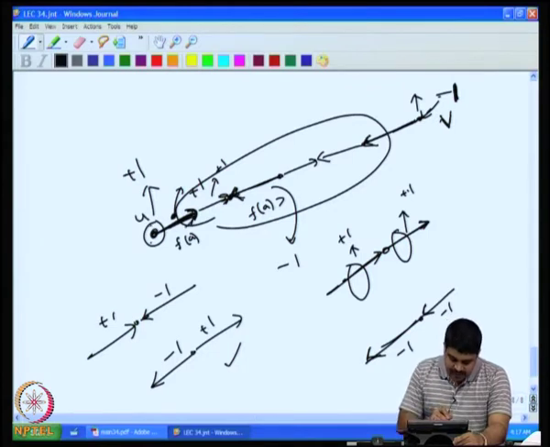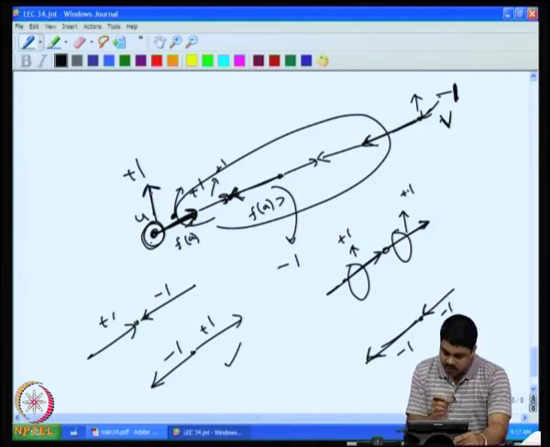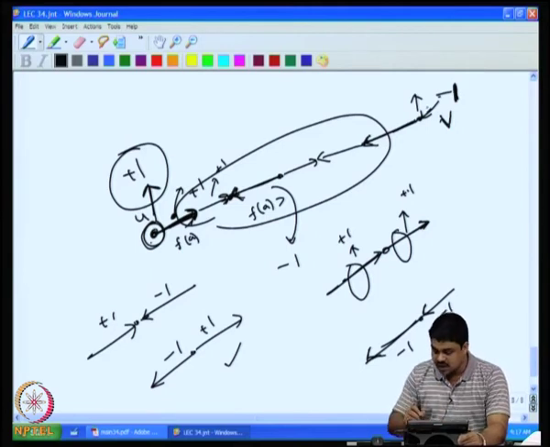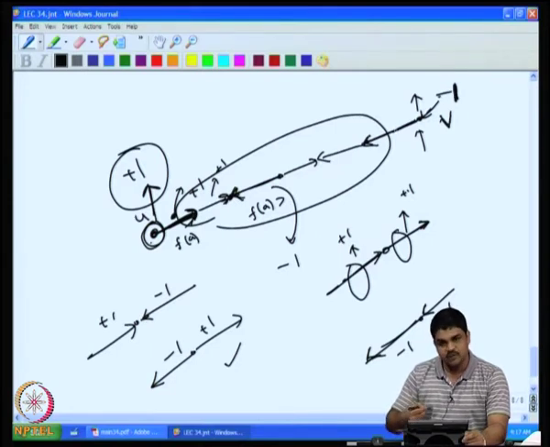But this was a negative excess already, plus 1 increase will only reduce the absolute value here, that is the important thing, because this is already negative. When you add plus 1 to the excess, the absolute value reduces. Similarly, here this is a positive one, and when I decrease, the absolute value reduces.